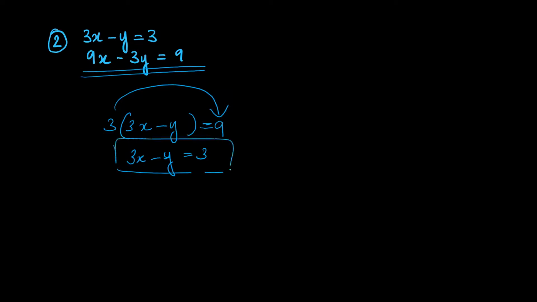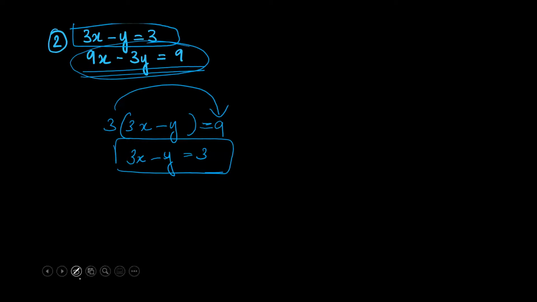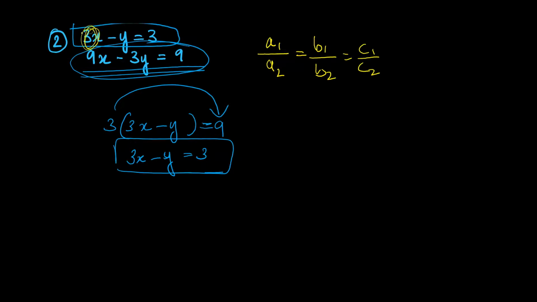Now notice one more thing, that these two equations are the same. So if both equations are the same, they will have infinitely many solutions. One more way to figure out if it has infinite solutions is to see if the ratio of the coefficients a1 by a2, b1 by b2 and c1 by c2 are equal. Here a1 is the coefficient of x in equation 1, and this is going to be equation 2.